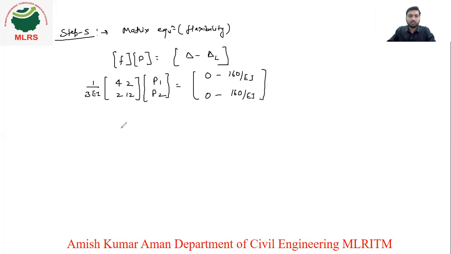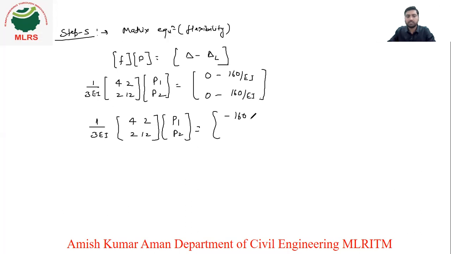So from here we got 1 upon 3 EI, 4, 2, 2, 12, P1 P2 is equal to minus 160 upon EI, and here again minus 160 upon EI.